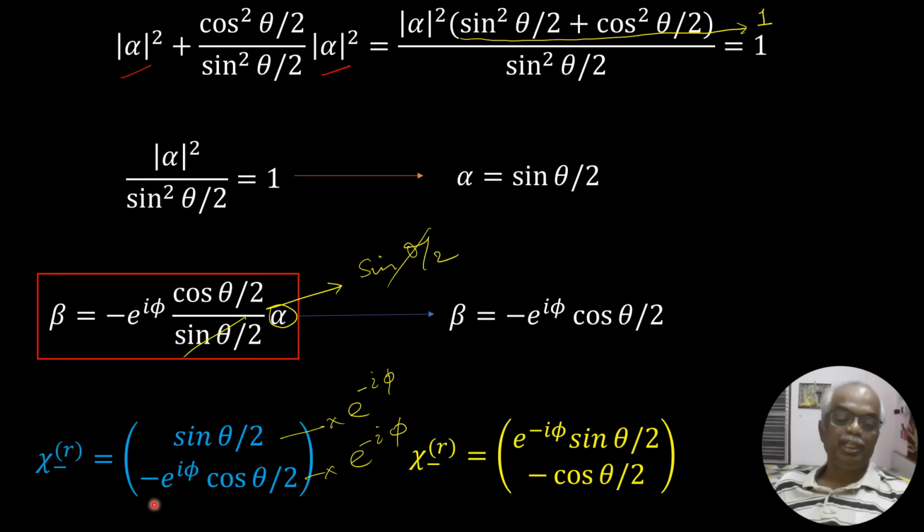The second term, if we multiply e to the power i pi plus i pi into e to the power minus i pi, is equal to 1, so this will become cos theta over 2. This is exactly what is given in the problem. So the spinor matrix for down spin is a column matrix: e to the power minus i pi sin theta over 2, and minus cos theta over 2.